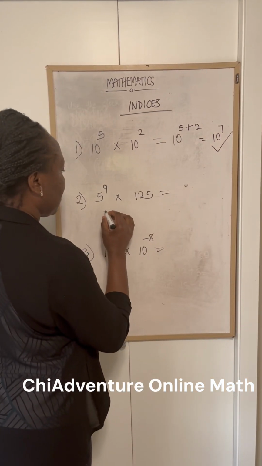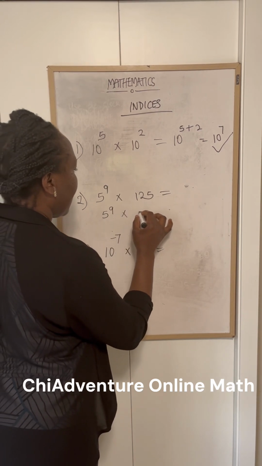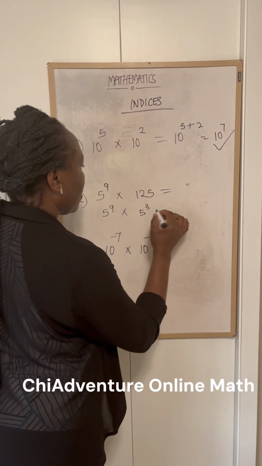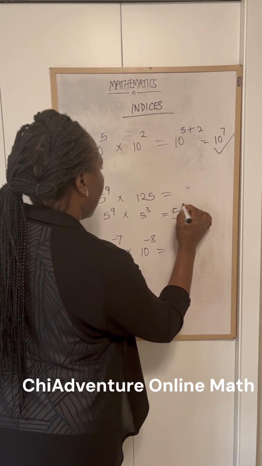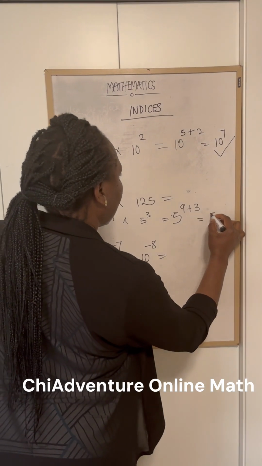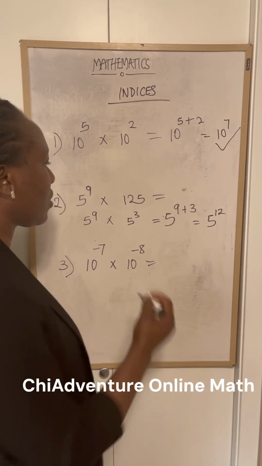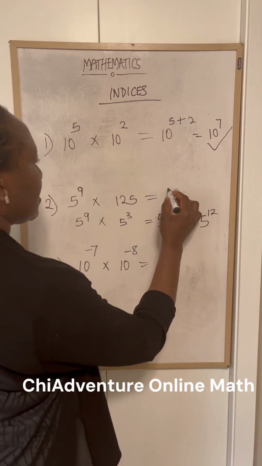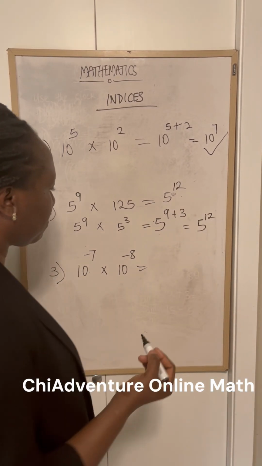So this is the same thing as saying 5 raised to the power of 9 times 5 raised to the power of 3. So this is the same as saying what? 5 raised to the power of 9 plus 3, which is what? 5 raised to the power of 12. 9 plus 3 is 12. So this times this is simply 5 raised to the power of 12.